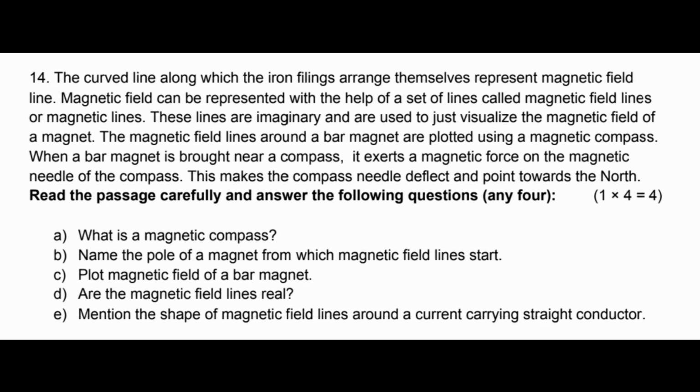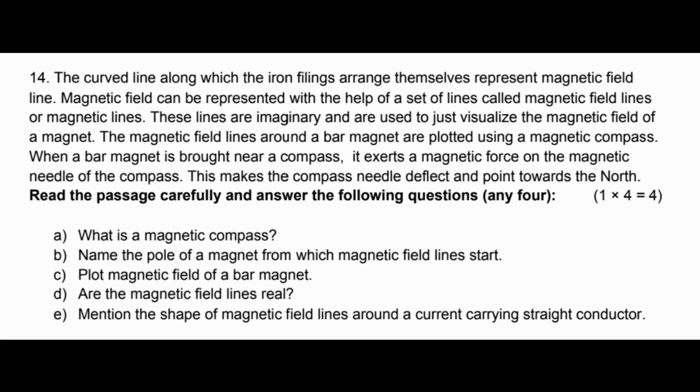Question 14. The curved line along which the iron filings arrange themselves represents a magnetic field line. Magnetic field can be represented with the help of a set of lines called magnetic field lines or magnetic lines. These lines are imaginary and are used just to visualize the magnetic field of a magnet.